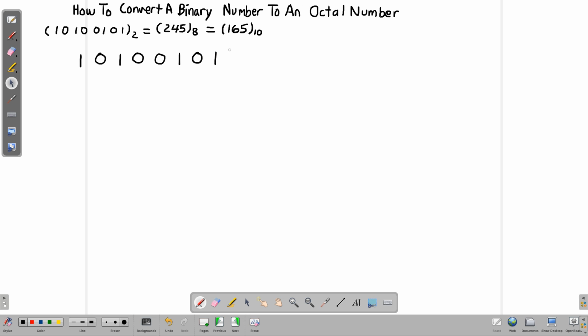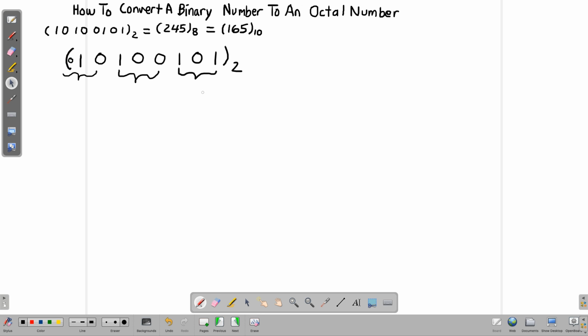And what we want to do is group the digits into groups of threes. So we'll take this group here and then take the next three. And because there's no 0 in front of the 1, we'll go ahead and put a 0 there. And you'll take this group.